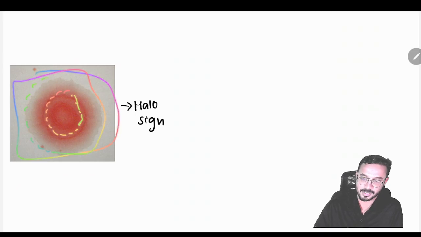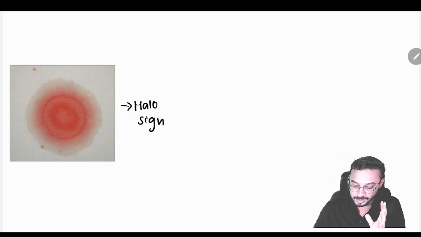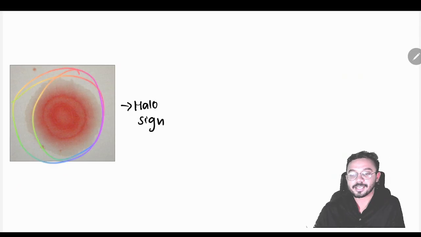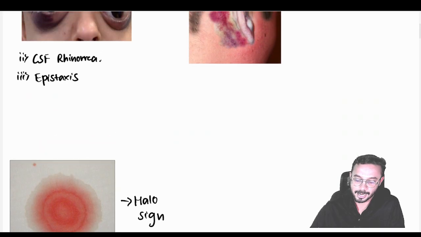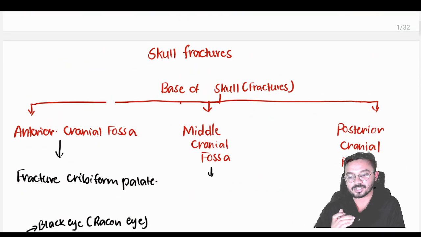The central part is blood and the peripheral part is CSF. This is the best way to differentiate CSF rhinorrhea from epistaxis. This is the halo sign, very important. And this is about anterior cranial fossa fracture.